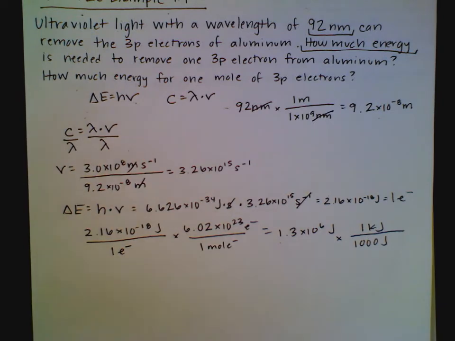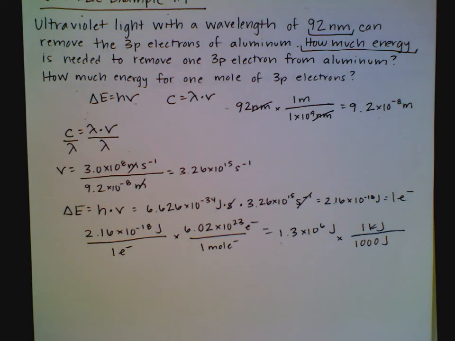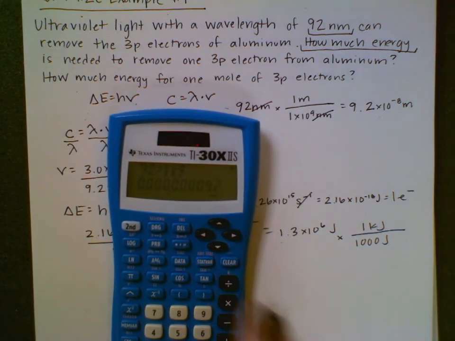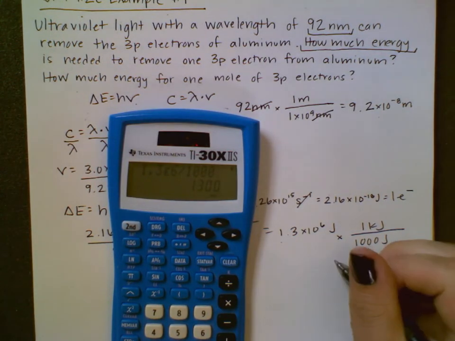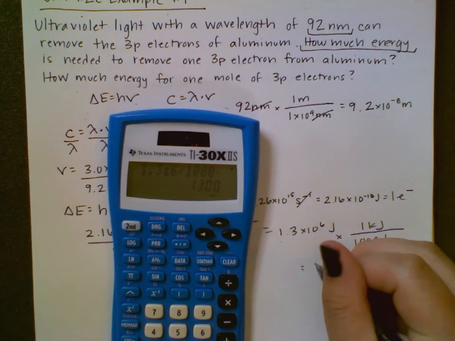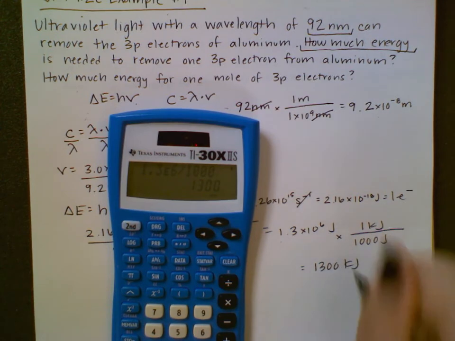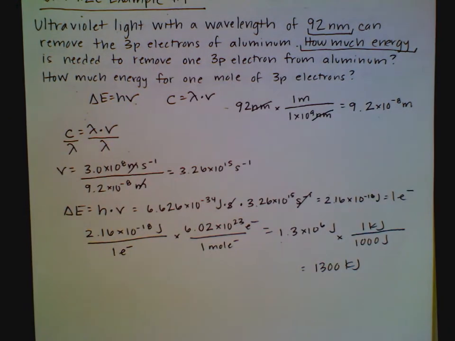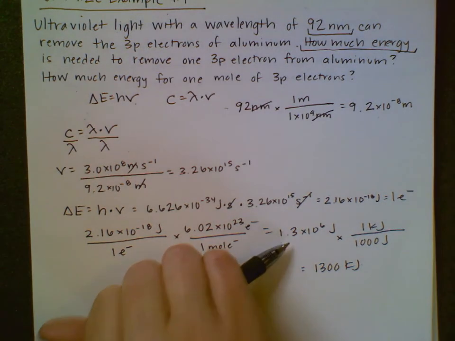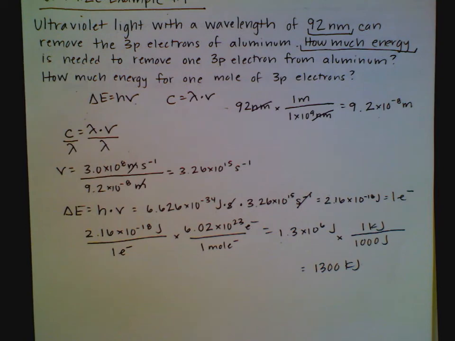So if I wanted to figure out how many kilojoules there were, you get 1,300. Okay, so what this means is that it would take 1,300 kilojoules, or 1.3 times 10 to the 6th joules, to make the mole of electrons leave that particular atom.